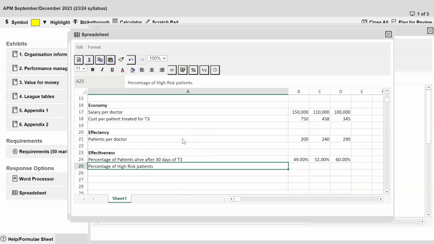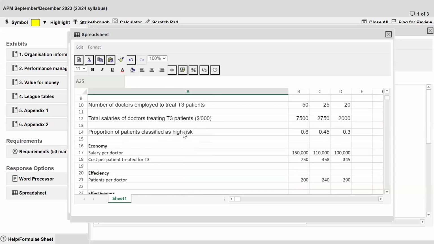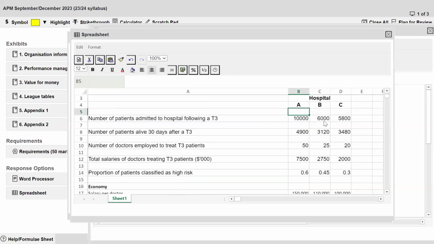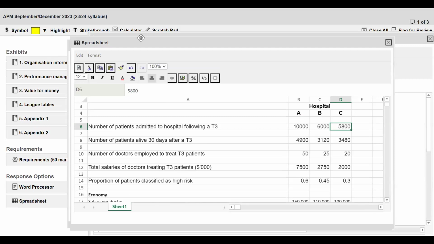In fact, we cannot calculate a good measure because we have got one single detail of the number of patients alive after 30 days. For 10,000, 6,000, 5,800, we have got these proportions classified as high risk. So we cannot do much with this proportion right now.